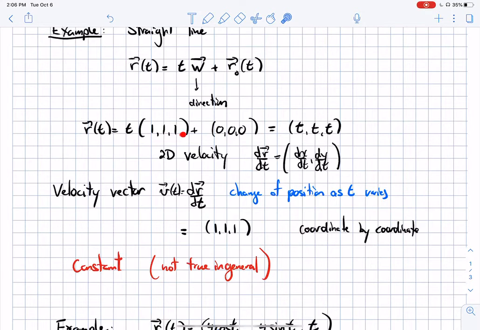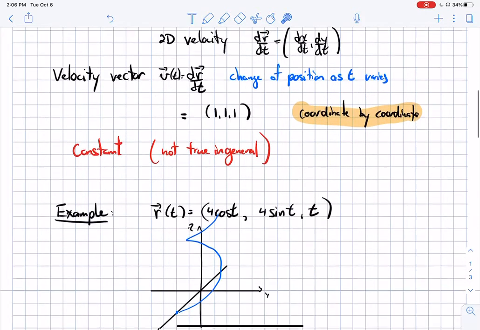In this simple example of the line, the velocity is the vector 1, 1, 1, so the velocity is constant. It's simple to take the derivative of the position vector r(t): you just do it coordinate by coordinate. In that case the direction doesn't change, which is not true in general, obviously.